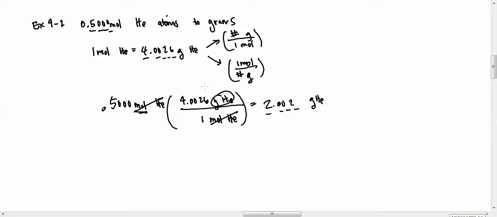And the reason why I did that is because I'm going to write the number with as many digits as I need in order for it to be more accurate than what I was given, because I don't want to write down, let's say, 4.00 grams of helium if I'm dealing with 4 significant figures over here, and then I deal with 3 significant figures over here.